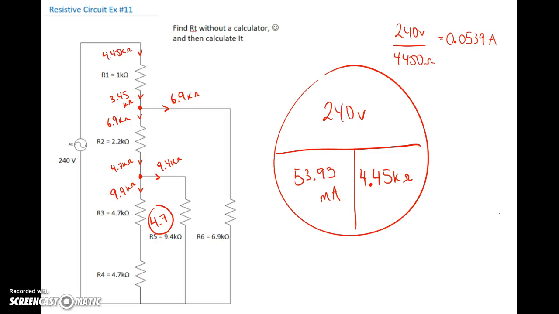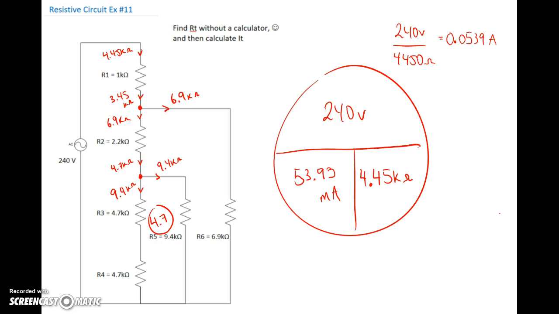So you can see that this value and this value are the same. You don't have to do the conversion to 4,450 ohms. If you keep track of the fact that you're dividing by 1,000 ohms, you're going to get 1/1000th of current.